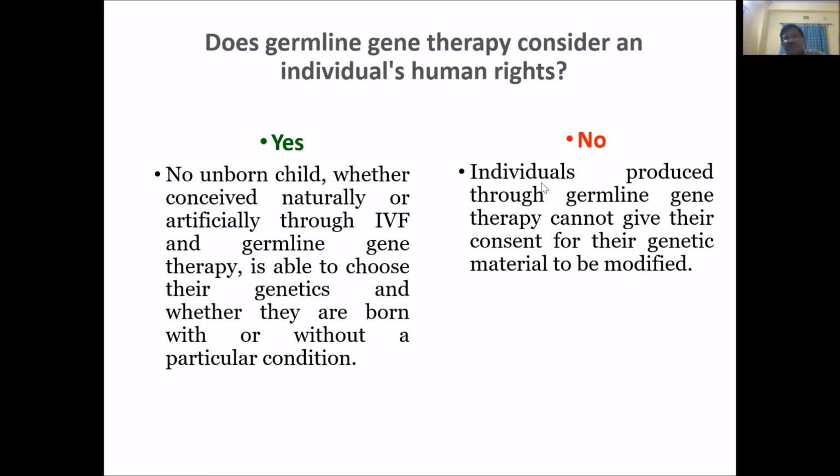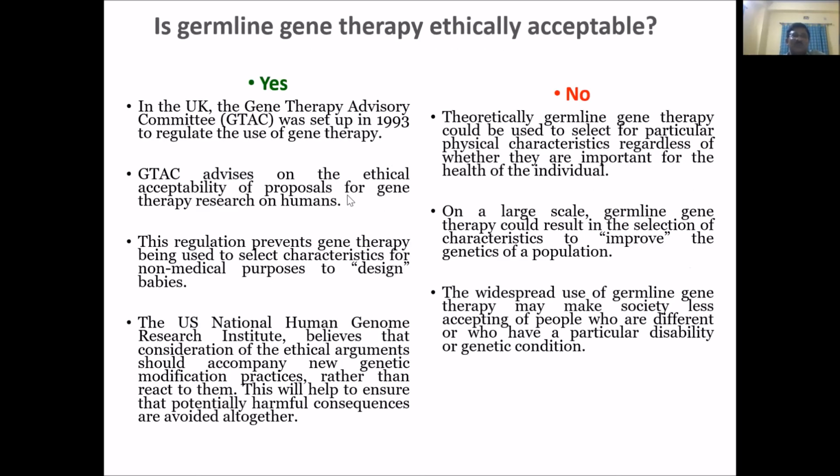But against it, individuals produced through germline gene therapy cannot give their consent. So if they suffer from some insertional mutagenesis, they will curse that it occurred without my consent when I was in utero. Is it ethical? It depends on several factors, but basically on the state of the society and the state of the disease.